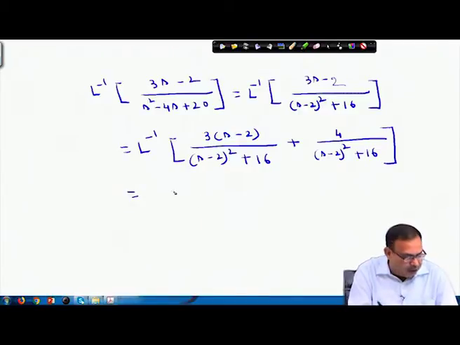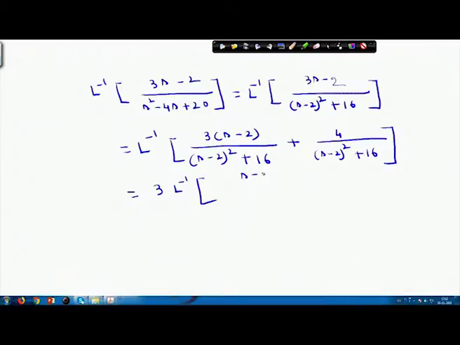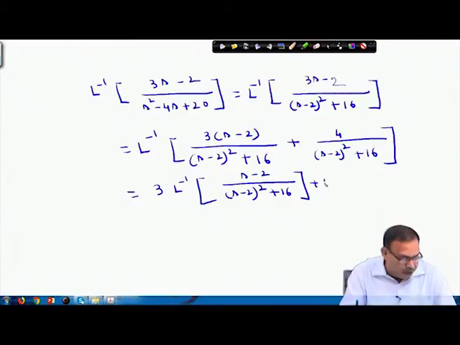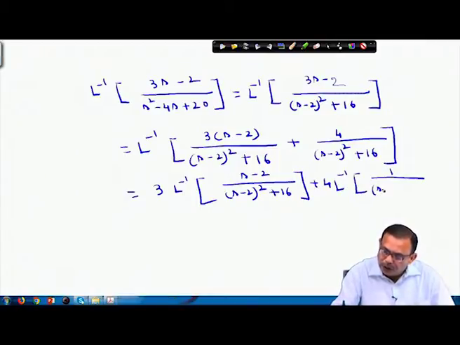So, effectively it becomes 3 into Laplace inverse of s minus 2 by s minus 2 whole square plus 16, plus 4 into Laplace inverse of 1 by s minus 2 whole square plus 16.